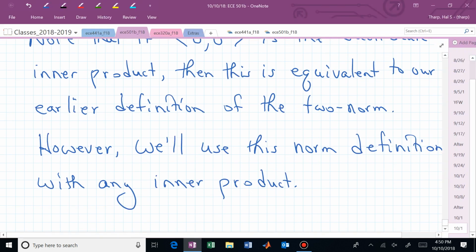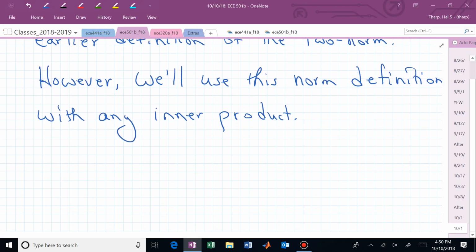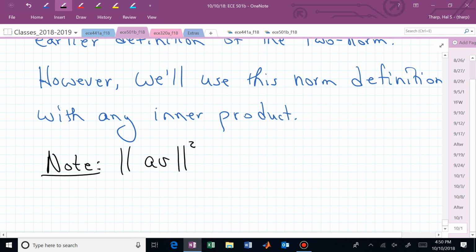And one thing that we might note is if we look at the norm squared of a scaled vector, what's that going to equal? You can go home and prove this. Now the norm squared is going to be the inner product of av with itself.